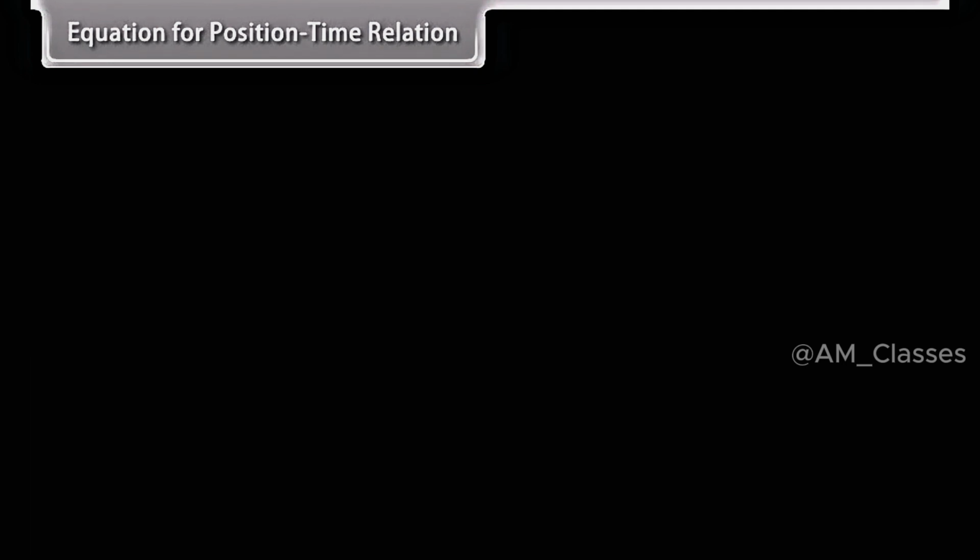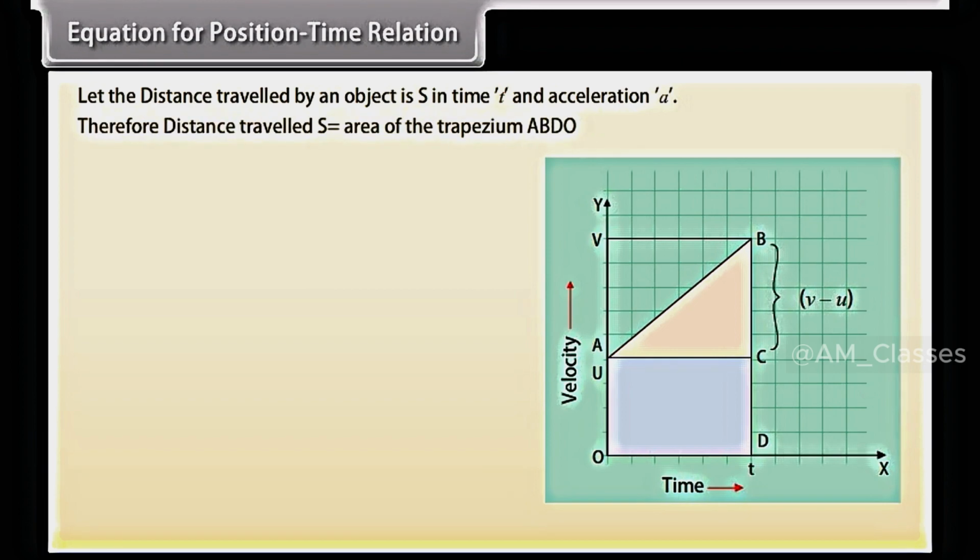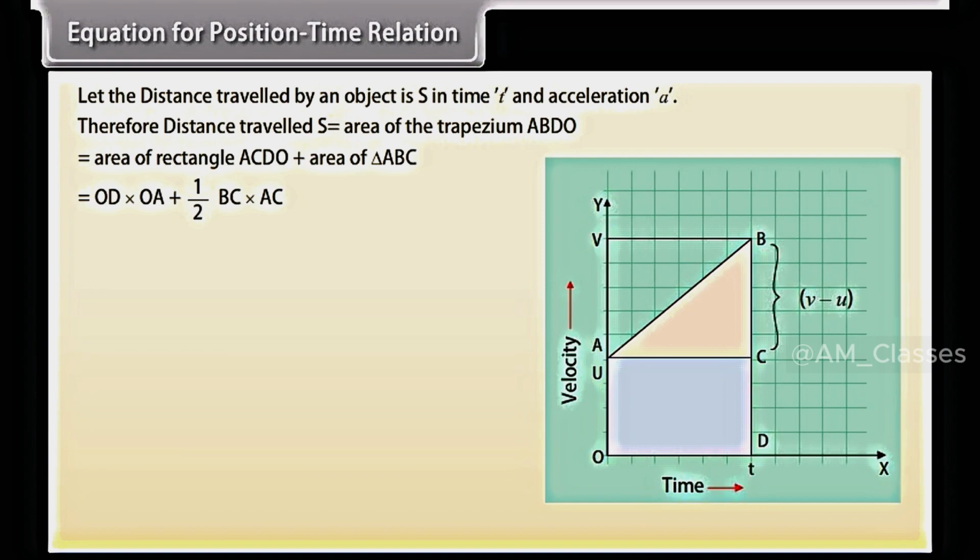Equation for position-time relation. Let the distance traveled by an object be s in time t with acceleration a. We can see that the distance traveled by the object is obtained by the area enclosed within the graph. Therefore, distance traveled s is equal to the area of trapezium ABDO, which equals area of rectangle ACDO plus area of triangle ABC, which is OD into OA plus 1 upon 2 BC into AC.